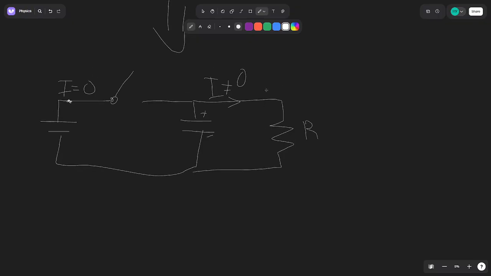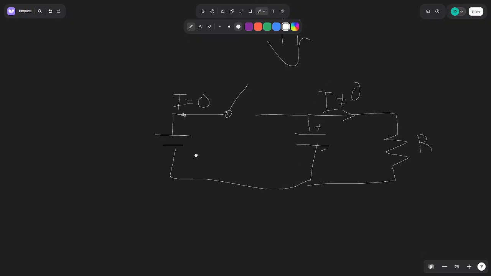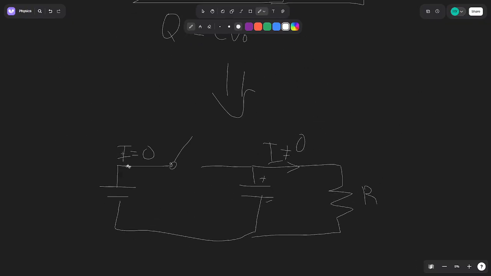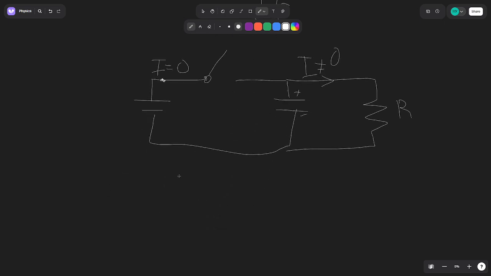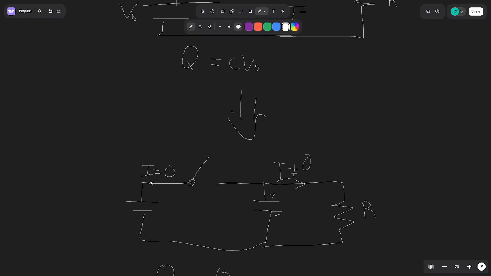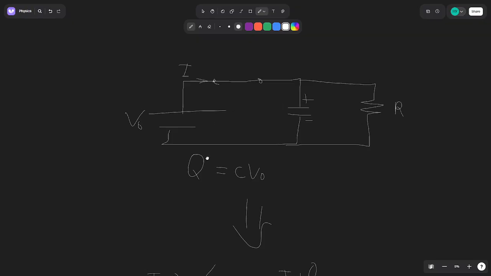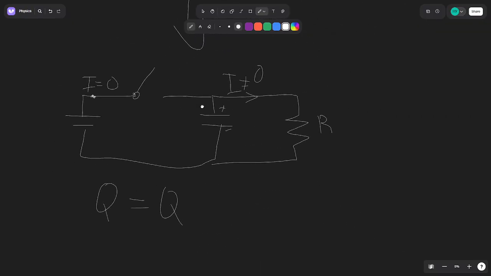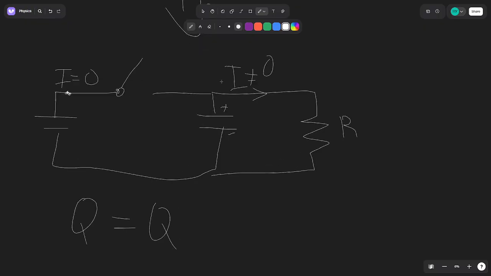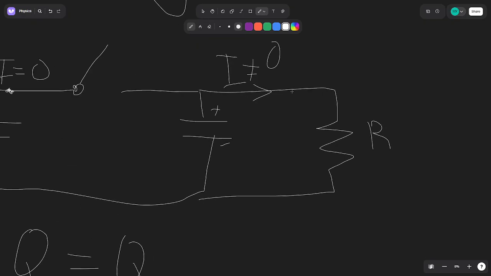Electricity passes through the resistor and goes back around the whole circuit. And therefore the charge here equals the original charge of the whole circuit. Why? Because the capacitor collected everything, and now it throws it out.